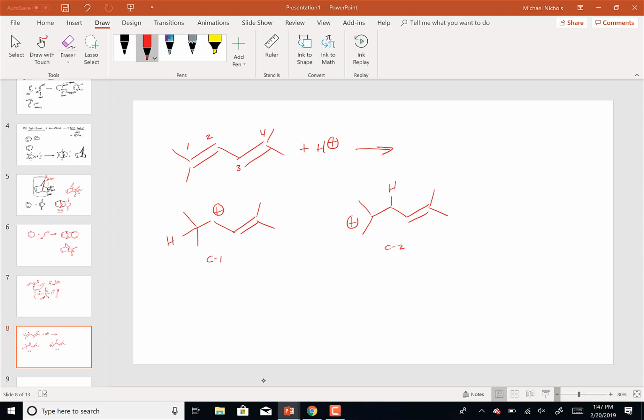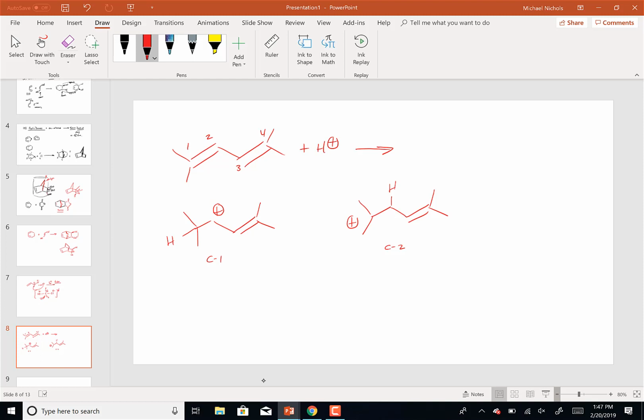So which one of these two carbocations is more stable? The one on the left or the one on the right? How many people say the one on the left?